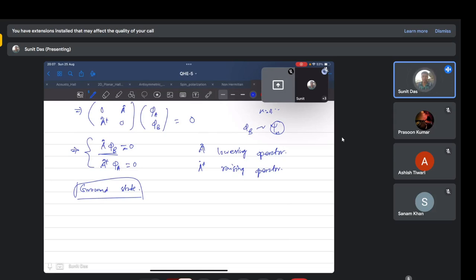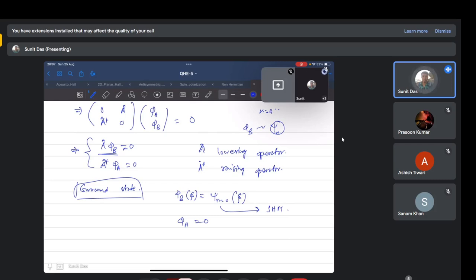The possibility is that phi b of xi will be psi n equal to 0 of xi, where psi is the simple harmonic potential's wave function, and phi a will simply be completely 0.